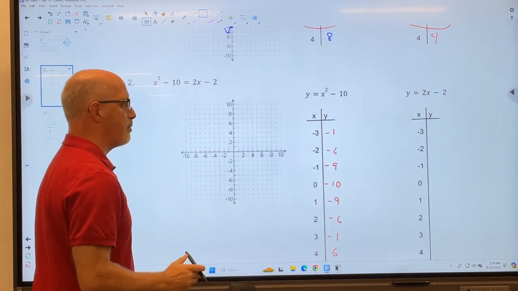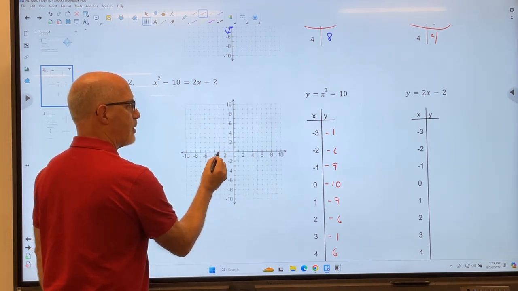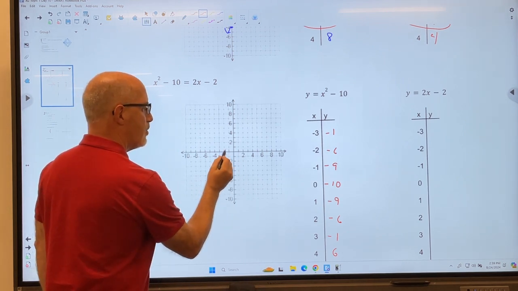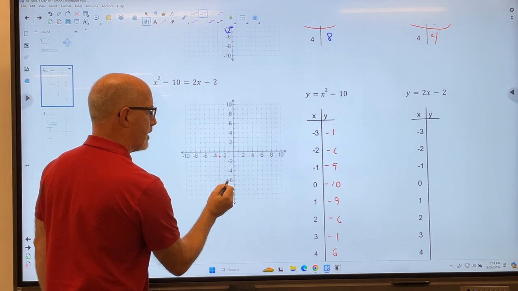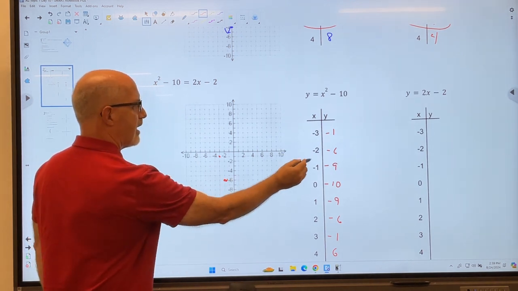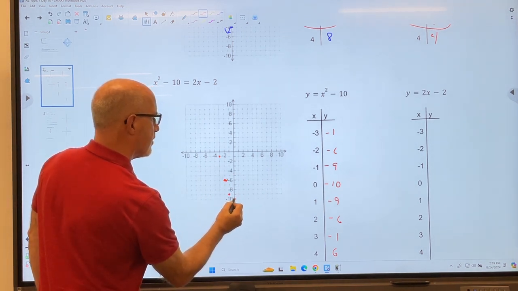So let's plot these points. -3, -1, so over 3 and then down 1 for that. -2, -6 is right there. -1, -9 is right there. 0, -10.